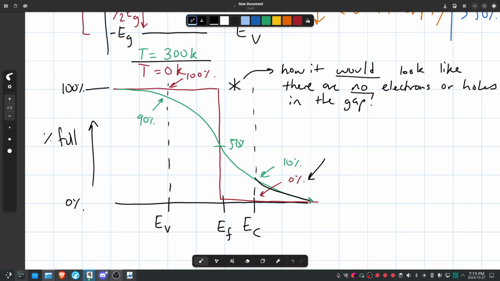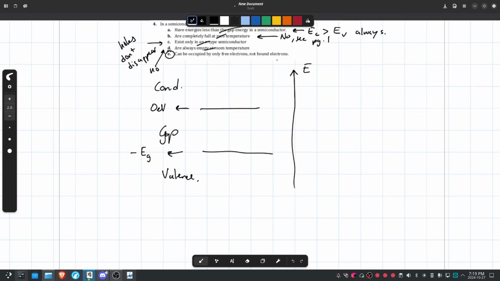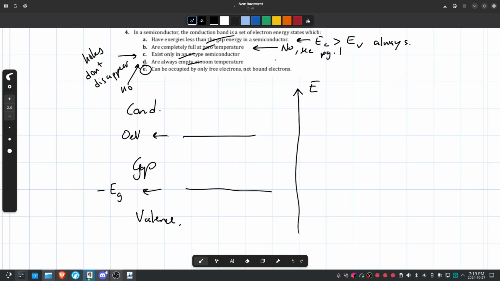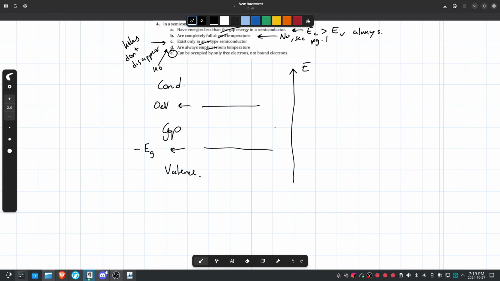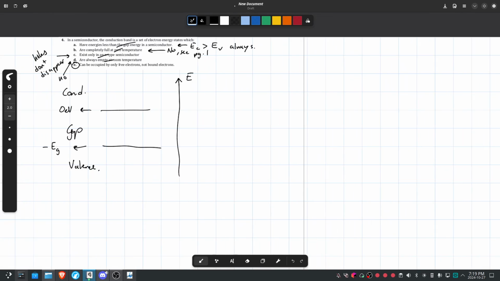It's not a large amount, but it is some. Therefore, there are electrons in the conduction band at room temperature. That's also how N-types work: N-types require electrons in the conduction band to work. Any other questions about that one?